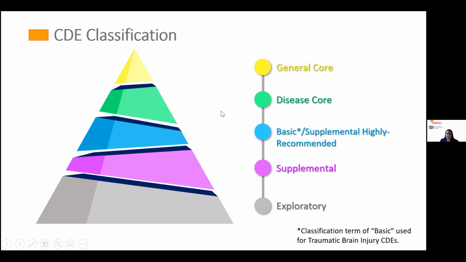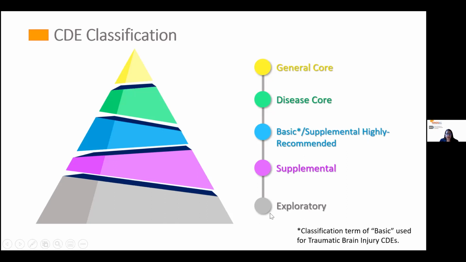We have a set core of CDs, which is a short list that will apply to every single study and trial in stroke or in that particular disease area. So when we talk about core, for NINDS funded trials, is what we tell people, this is what you should collect at a minimum when you're doing research in stroke, Huntington, etc.